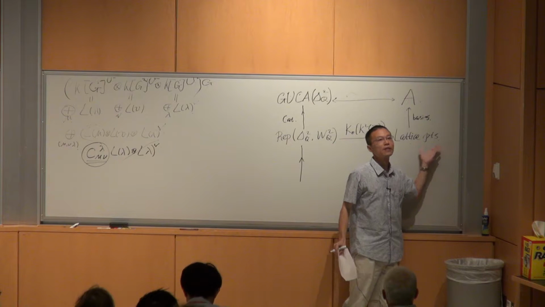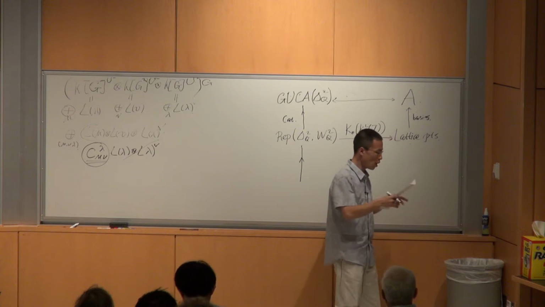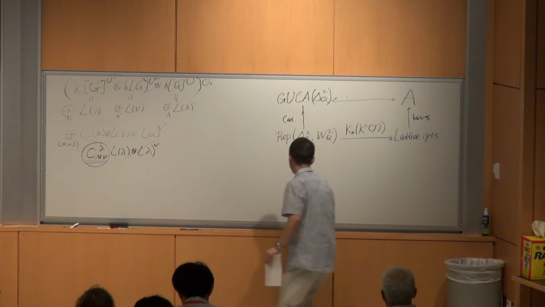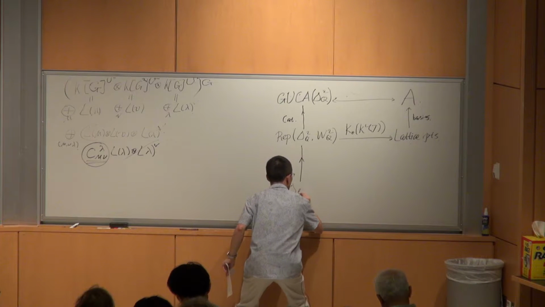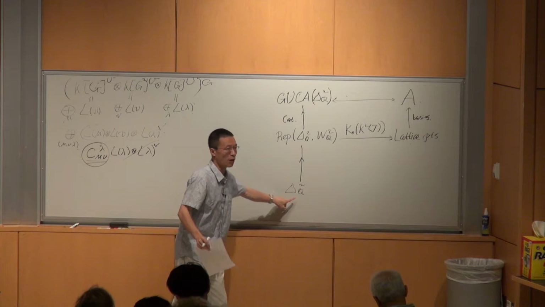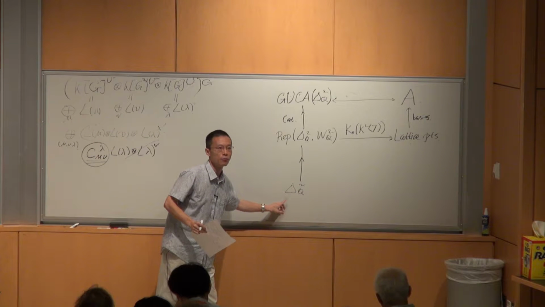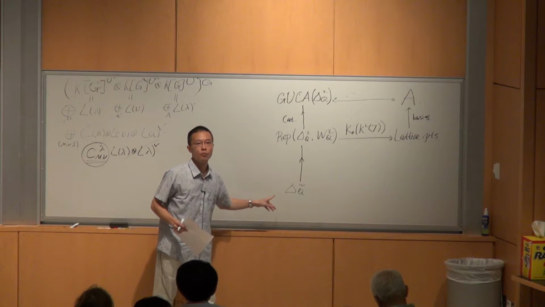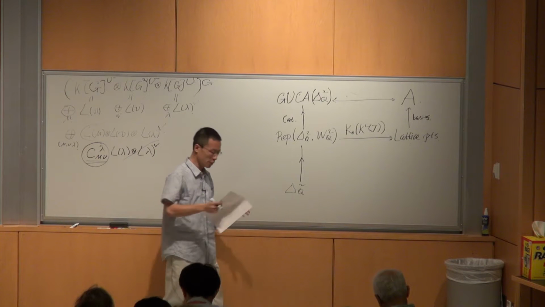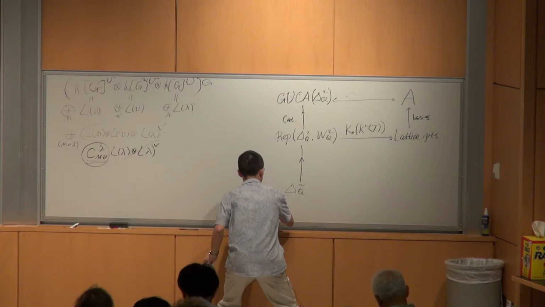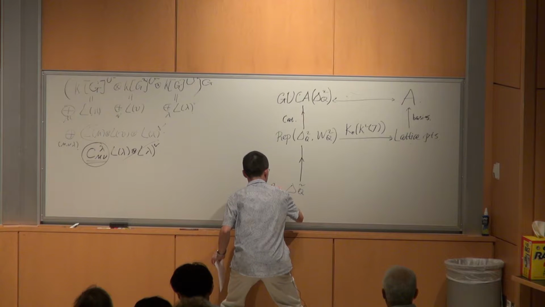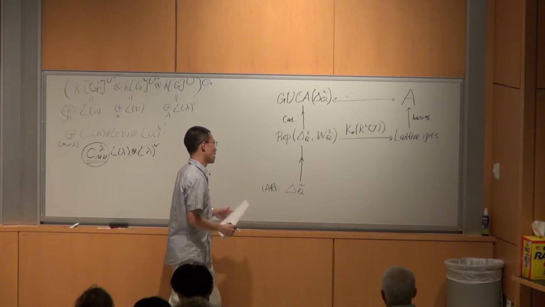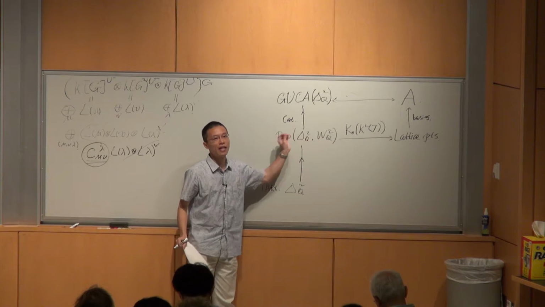We need to explicitly describe the polytope. So how to describe the polytope? I need more. It turns out the quiver appears here. This one is the so-called arch quiver. It is almost equal to the Auslander-Reiten quiver of the representation of. So this quiver is kind of special. It's called the arch quiver.